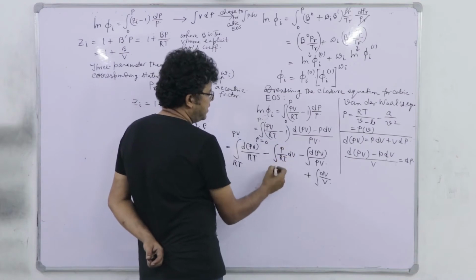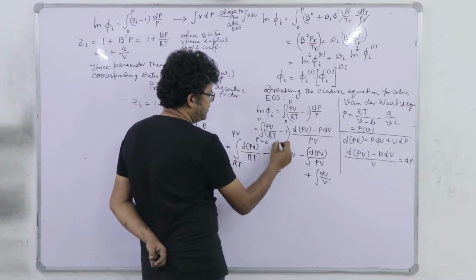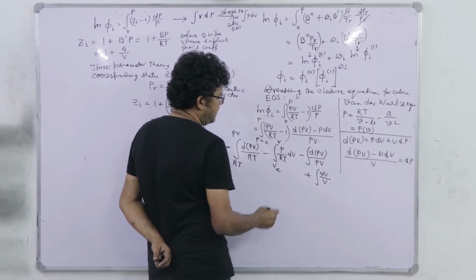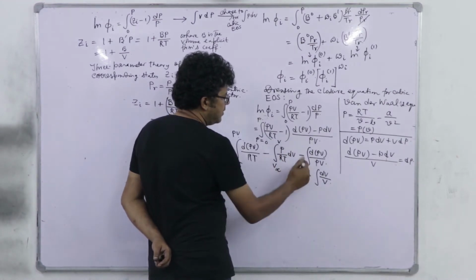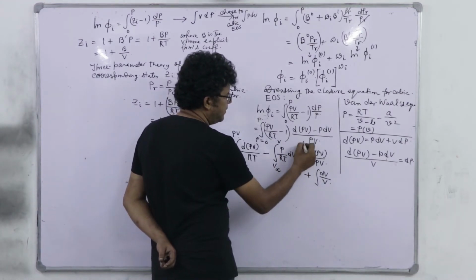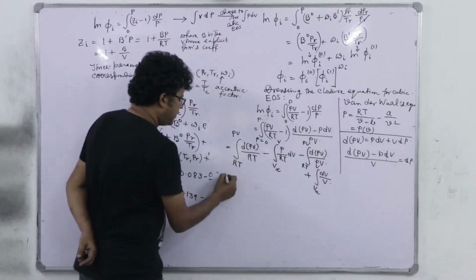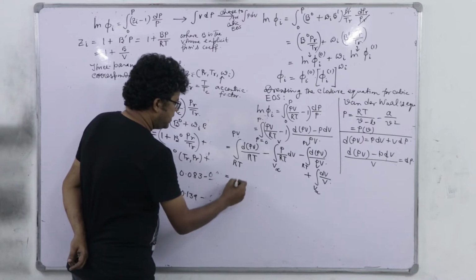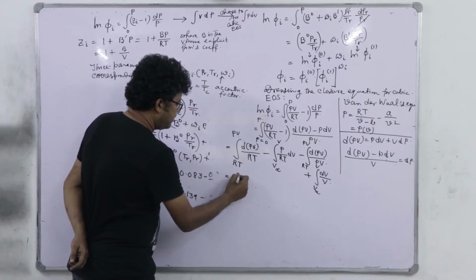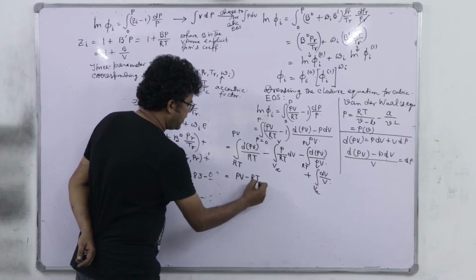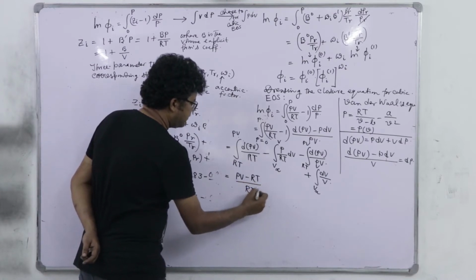Now, P by RT dV, so this is V infinity, ideal gas volume at a given pressure, to V. This is again RT to PV, this is again V infinity to V. So, if I do it, it will be PV minus RT divided by RT, the first term.